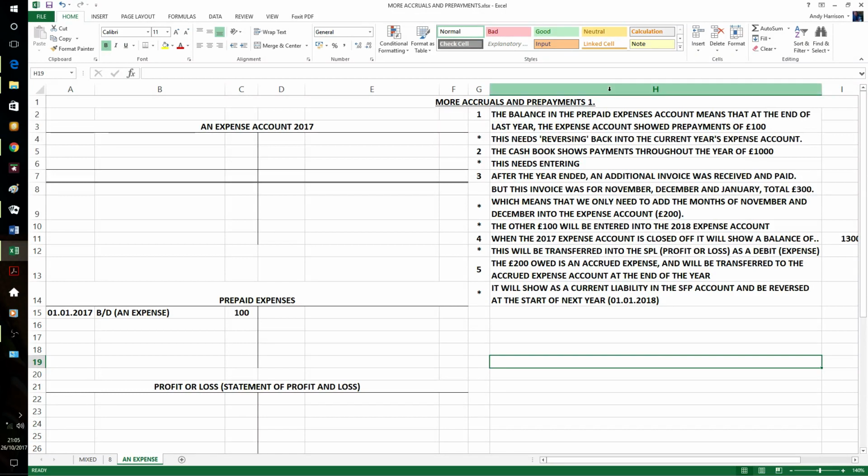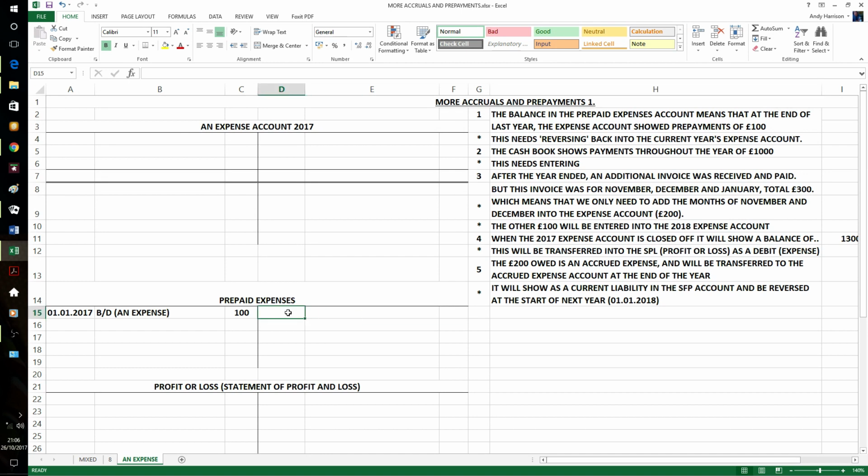So we've got a series of instructions to work through, and what we've got at the moment, it's brought down, hence it's the 1st of January. It could be just sitting there as the 31st of December an expense. Either way, it'll then get carried down, brought down, same side. And what we need to do is to reverse it back into this year's accounts.